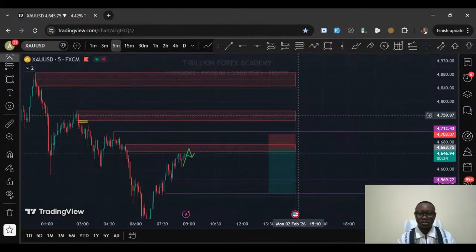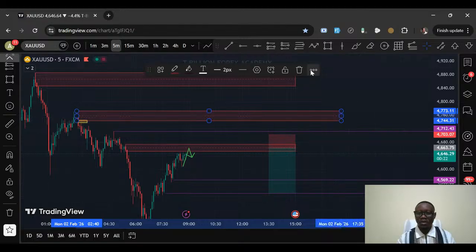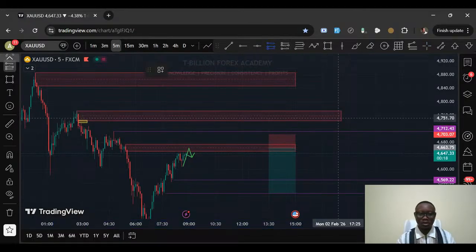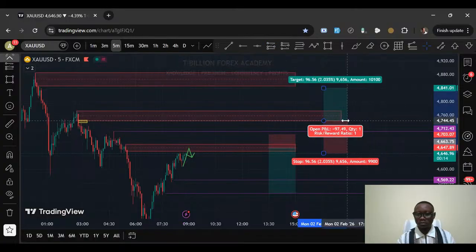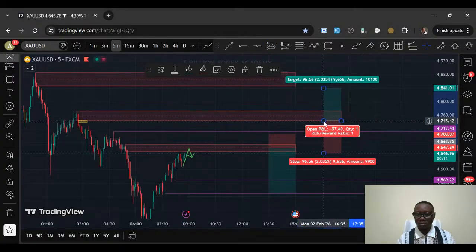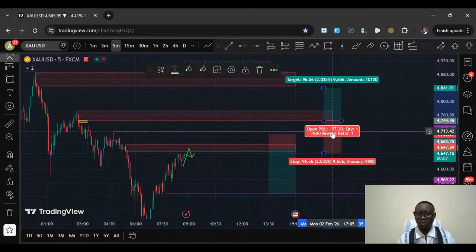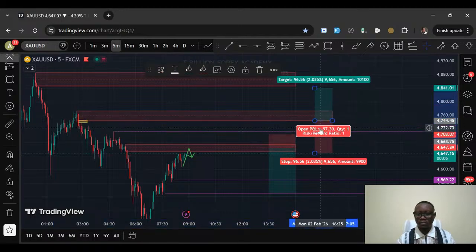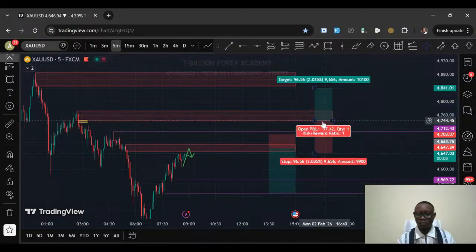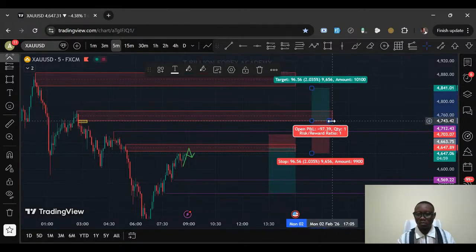Now for this zone, I'll be taking my entry here.